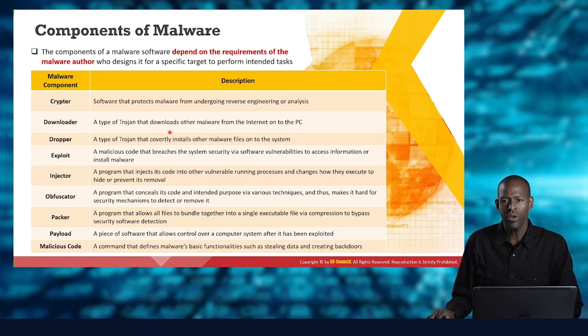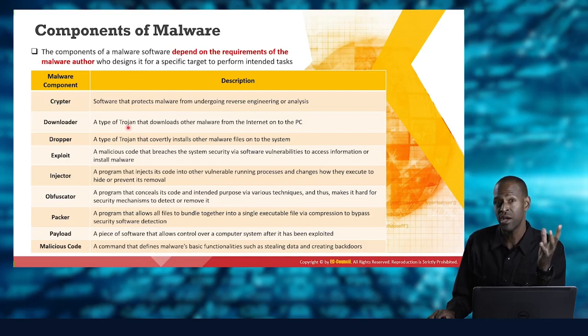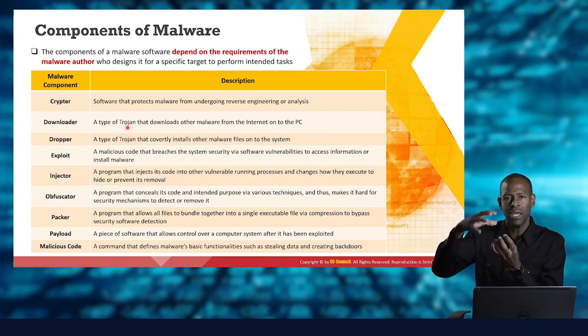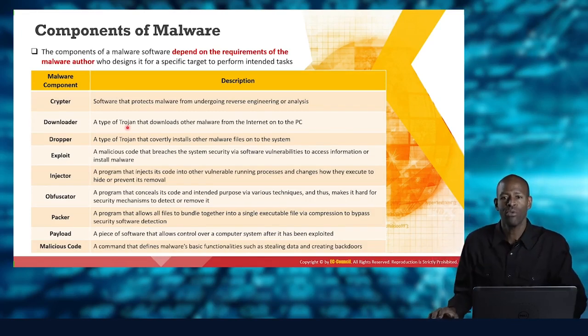A downloader is a Trojan. Whenever you see the word Trojan, that means that it looks innocent. Let's say that you found a program that played solitaire online. It looks like a regular solitaire program, but it isn't. It's a piece of malware. So whenever you see a Trojan, remember that it's a piece of malware wrapped in an innocent-looking program.